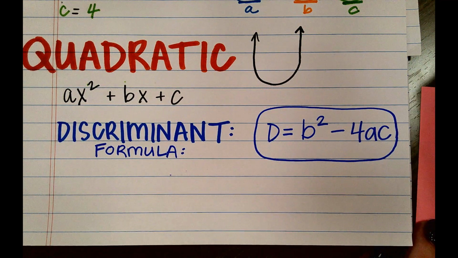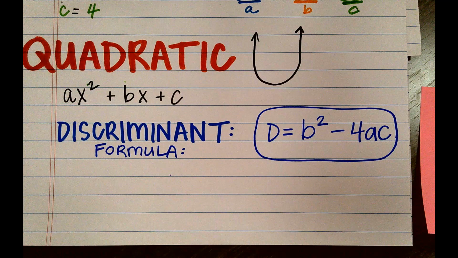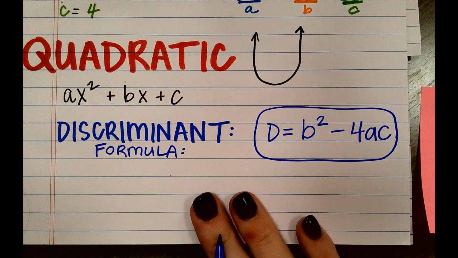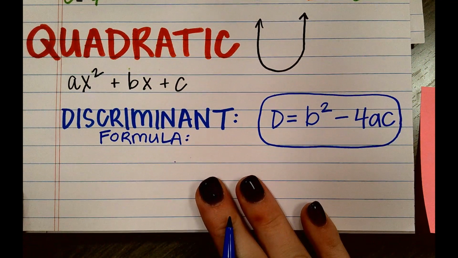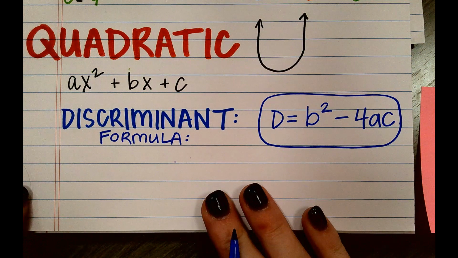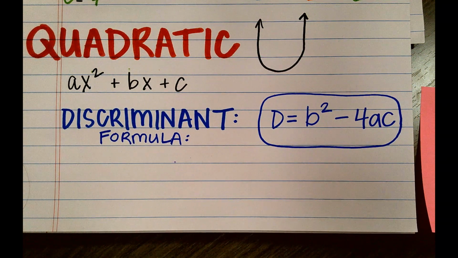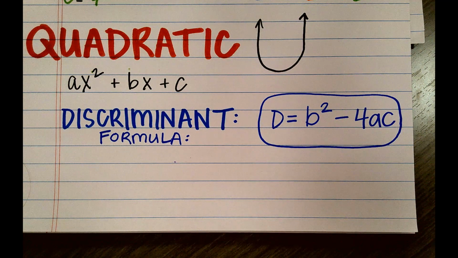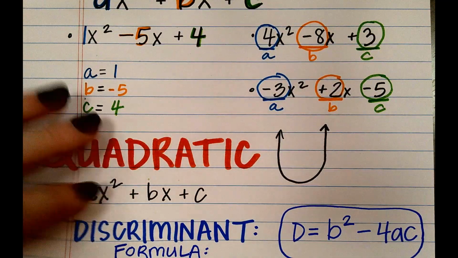Okay, ax squared plus bx plus c and D. Can I turn my page? Anybody still writing? Okay, I see people writing. I will pause this. You guys take your time. I'm going to flip to the next page, and we're going to use this formula. I'll show you how to use it.